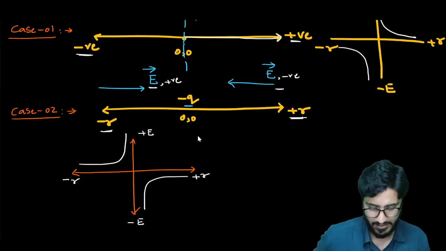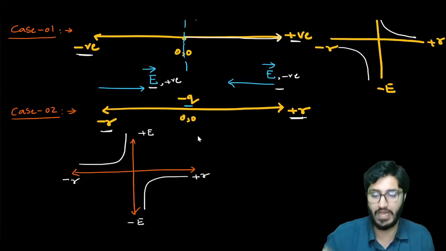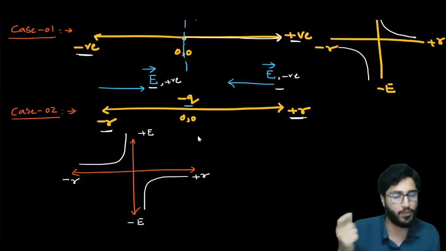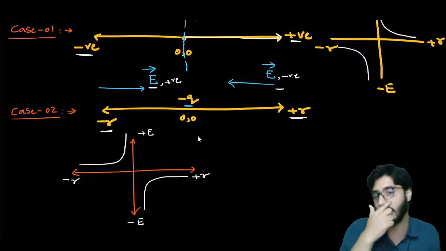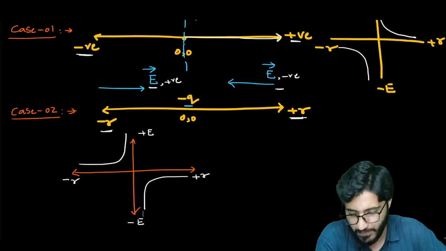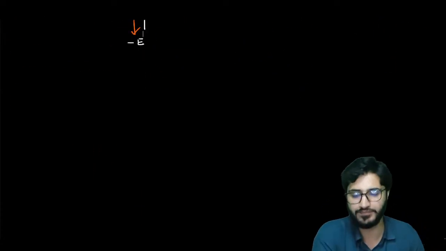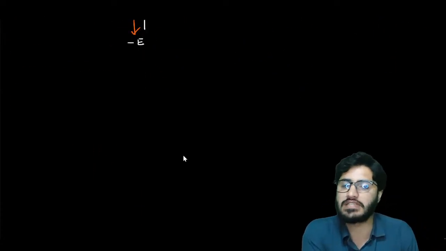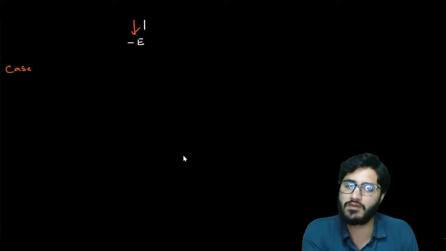Okay. Let us discuss some complicated cases. If we have two charged particles, positive-positive, then positive-negative, then negative-negative, how do we make a graph for it? We have case number third.